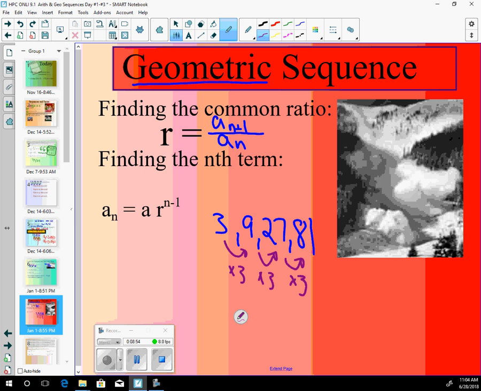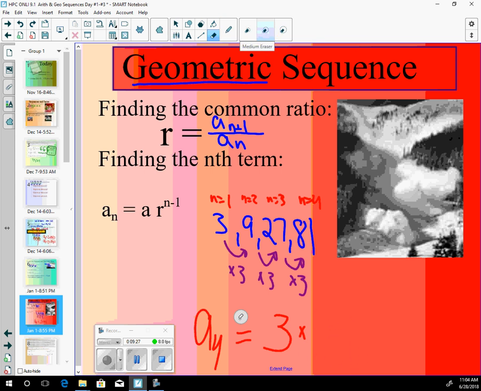Okay, and if we want to know n equal to 1, n equal to 2, n equal to 3, n equal to 4, if we want to know the fourth term, we start with the first term, 3, and then we're going to multiply by, well, we have 1, 2, 3, 4 minus 1. Excuse me. Way too many 3s here. I'm going to use a different example.